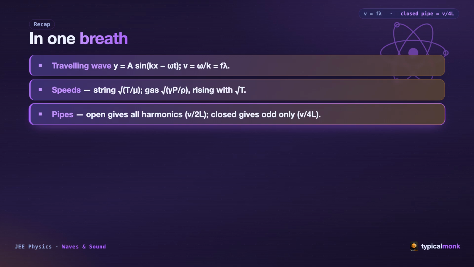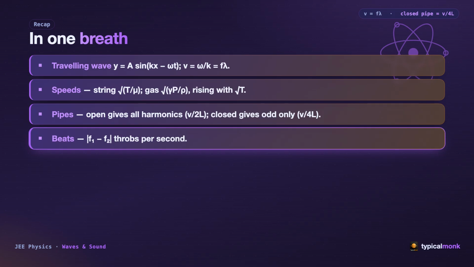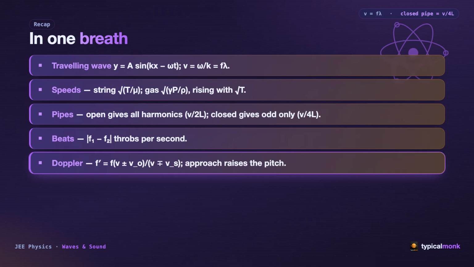A closed pipe gives odd only, v over 4L. Beats, the size of f1 minus f2 throbs per second. The Doppler effect, f dash equals f times (v plus or minus v observer) over (v minus or plus v source). Approach raises the pitch.